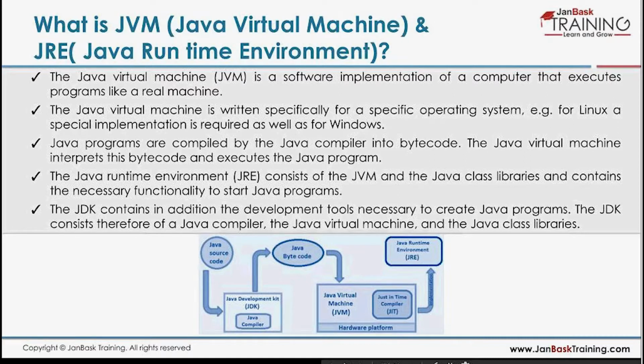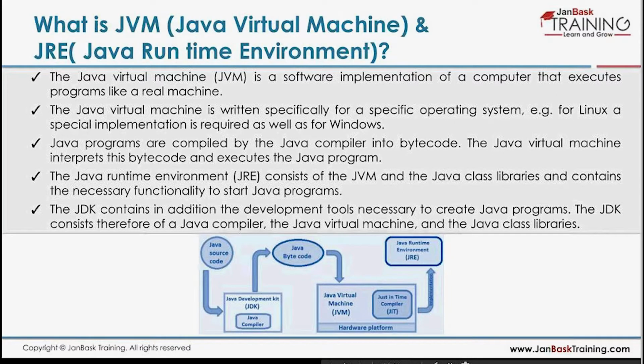The second thing to be aware of about the Java virtual machine is that it's platform specific. The Java virtual machine for Windows is going to be different from the one for a Mac, and different again from the one for Linux. It is written specifically for specific hardware, but you're not required to write that, because it's part of the Java software itself.